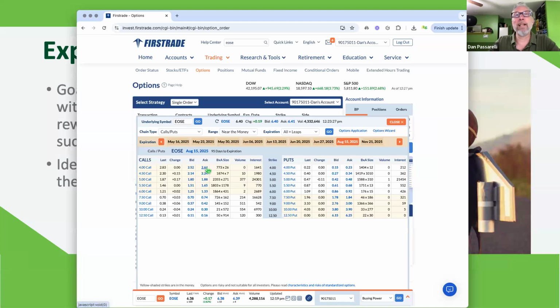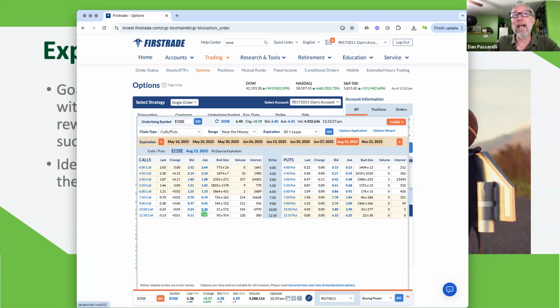If I go way in the money to get a big delta and smaller theta, I'm only paying 24 cents over parity. Or I can, in some ways, be more conservative, maybe buy the 10 strike for like 28, 29, 30 cents.